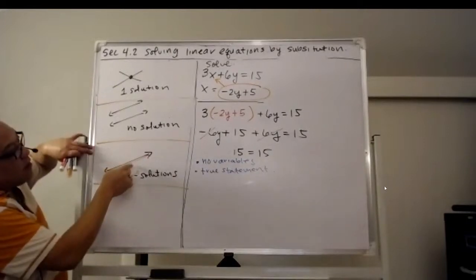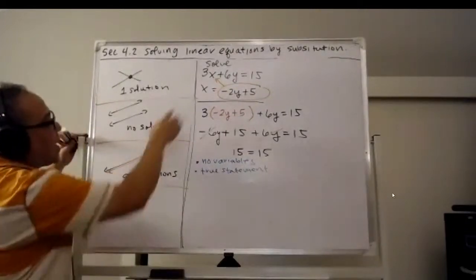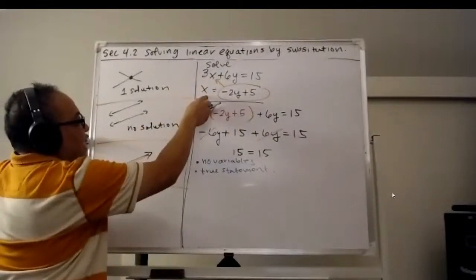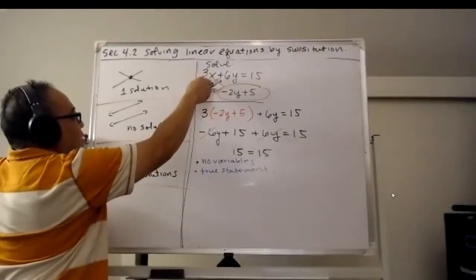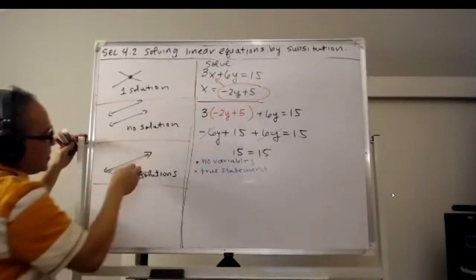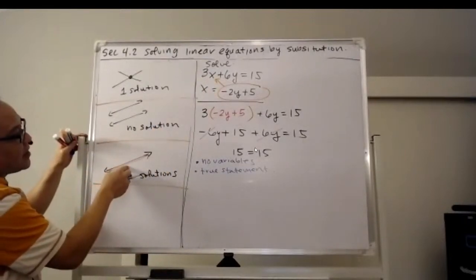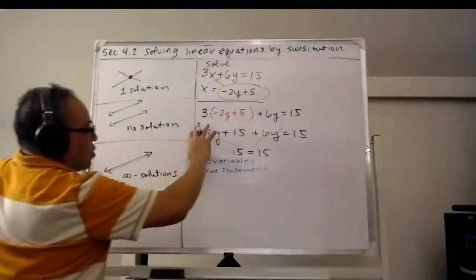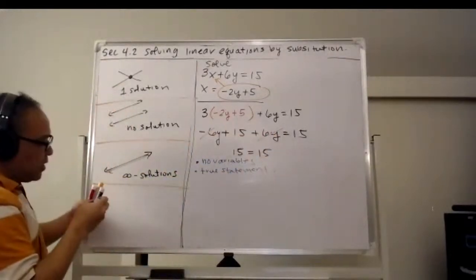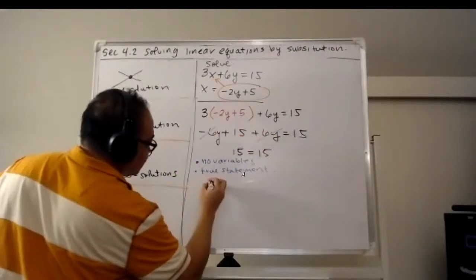Basically, we have this right here. See, what happened was I isolated this and then plugged it back and compared it to the other line I had, which means that I'm using the same line twice. If you do that, your variables will cancel and you'll get infinite solutions.